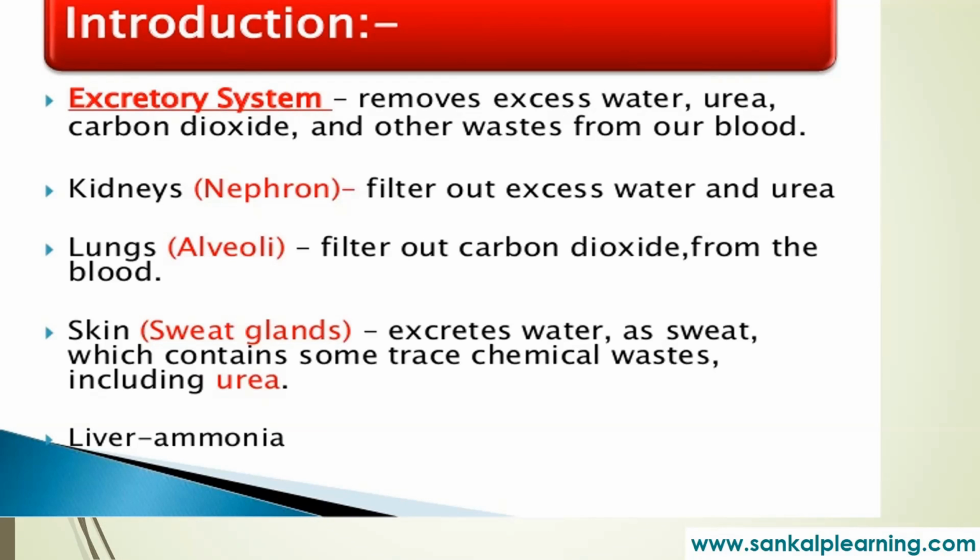The next we have kidneys. Kidneys are the most important parts of the excretory system. Kidneys have functional and structural units in them which are called nephrons. We can refer to nephrons in common language as the cells of excretion.